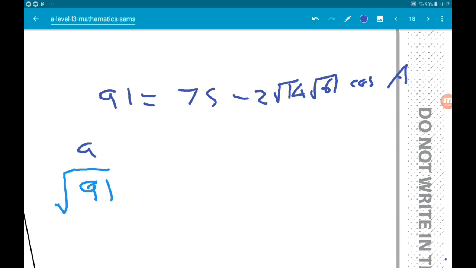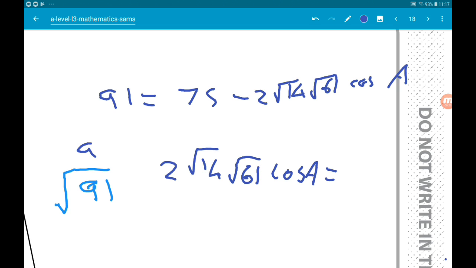Now then. Okay, from here I'm going to do 2 things. I'm going to add the cos term to both sides and subtract 91. So that's going to give me 2 root 14 root 61 cos of A is equal to 75 minus 91 is minus 16.